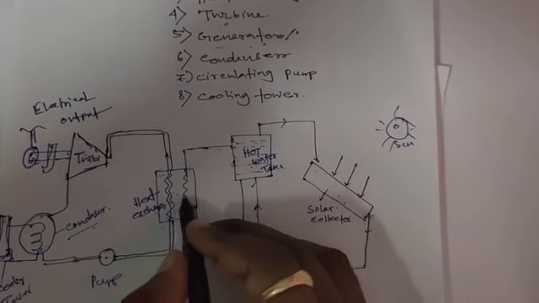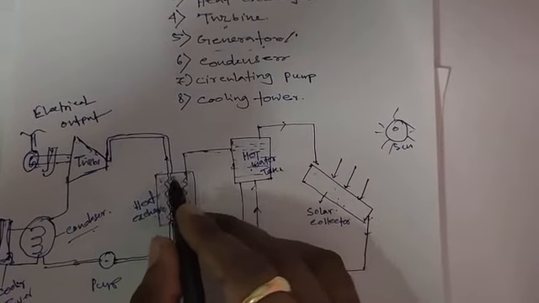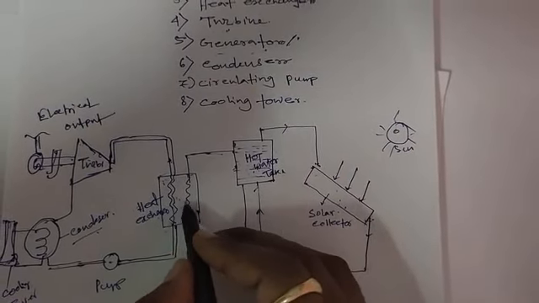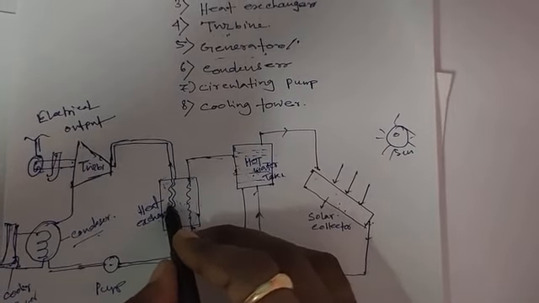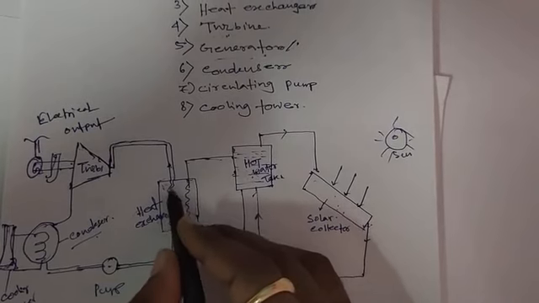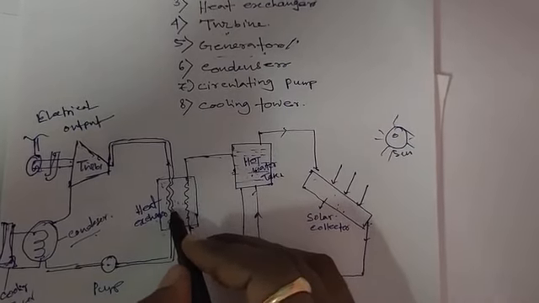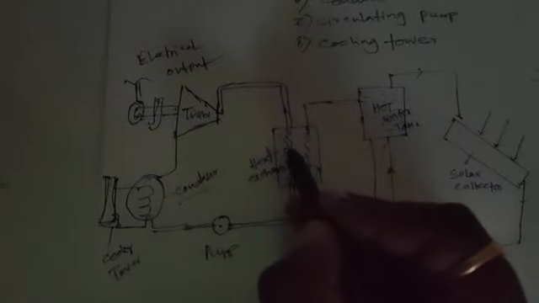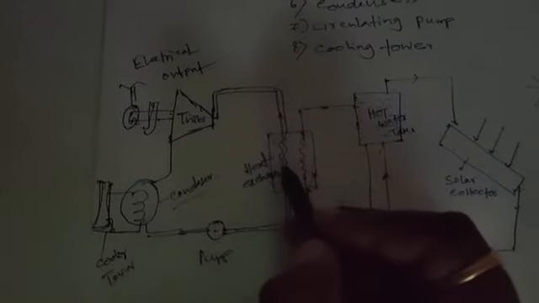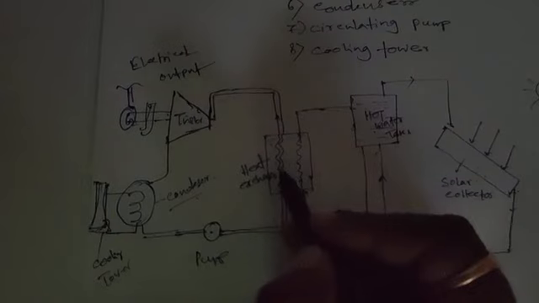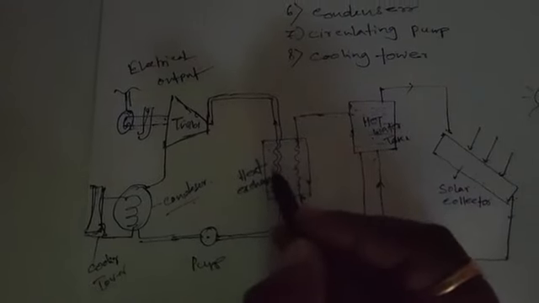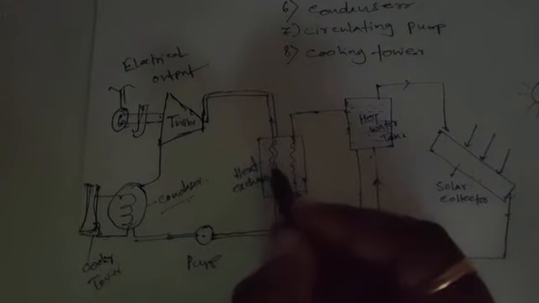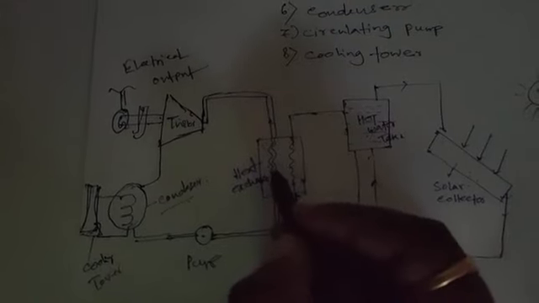There are two pipes conducting. The heat is transferred from one pipe to the other by the heat exchanger, so the second pipe is heated further. In the turbine circuit the water is also heated and produces superheated steam.